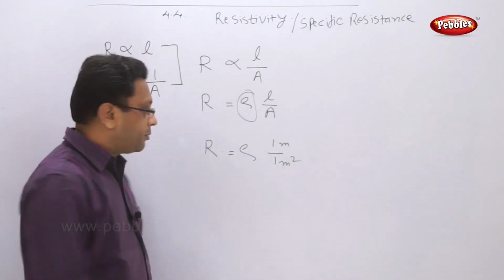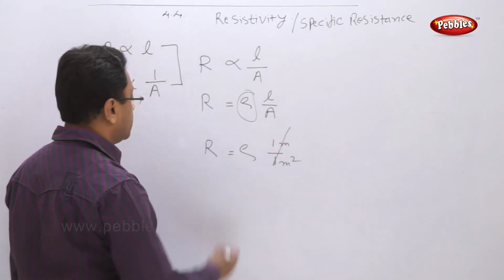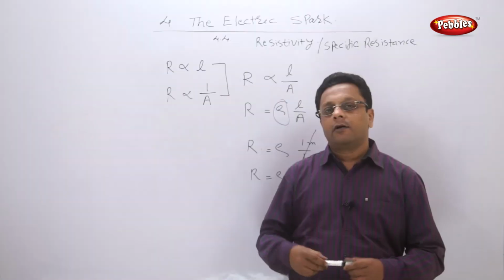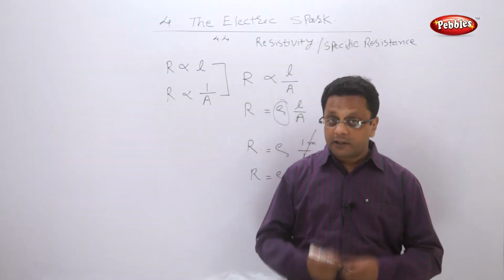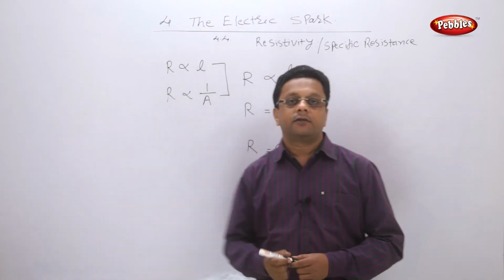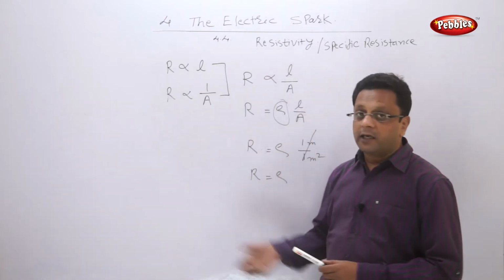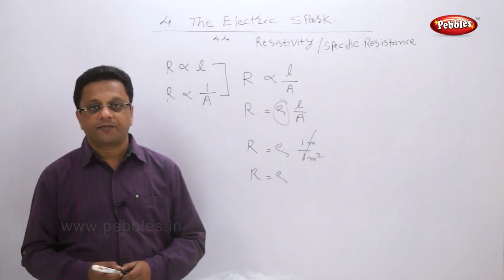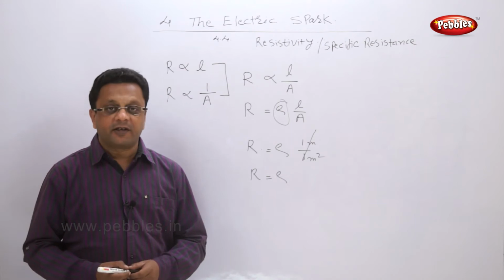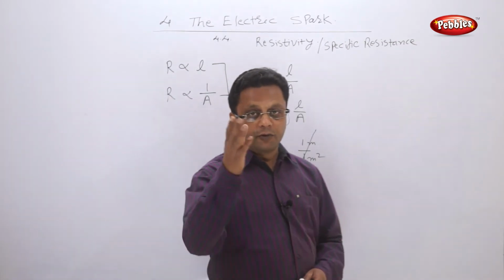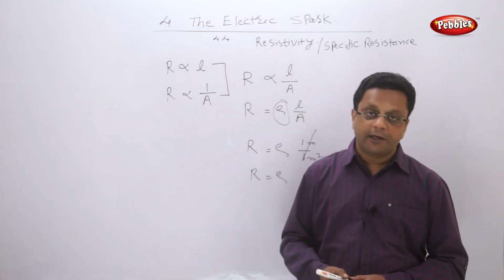What will happen? The 1 gets eliminated, and R will be equal to rho. So the specific resistance or the resistivity can be defined as the resistance of a conductor of unit length and unit cross section area. Again, specific resistance is the resistance of a conductor of unit length and unit cross section area.